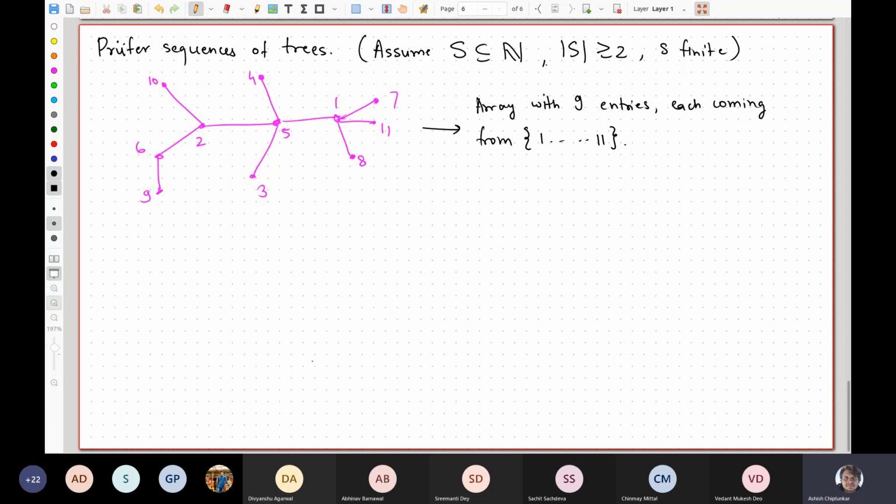We do the following. Every time we find the leaf node which has the minimum label. Which is the leaf node with the minimum label over here? 3 is. We delete that leaf and its associated edge, and we record the unique neighbor of that leaf. Let me repeat the process once again.